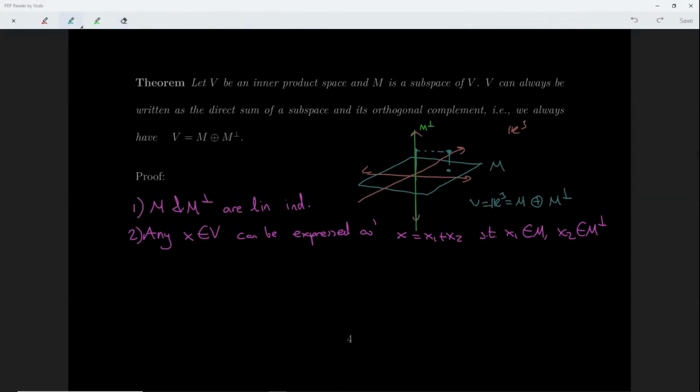And notice that since these are also orthogonal to each other, I can also write this as an orthogonal direct sum.